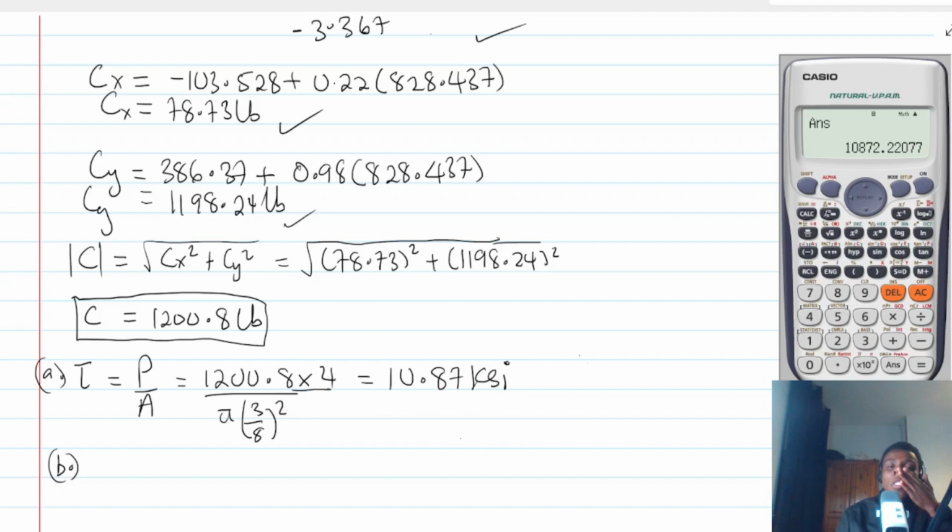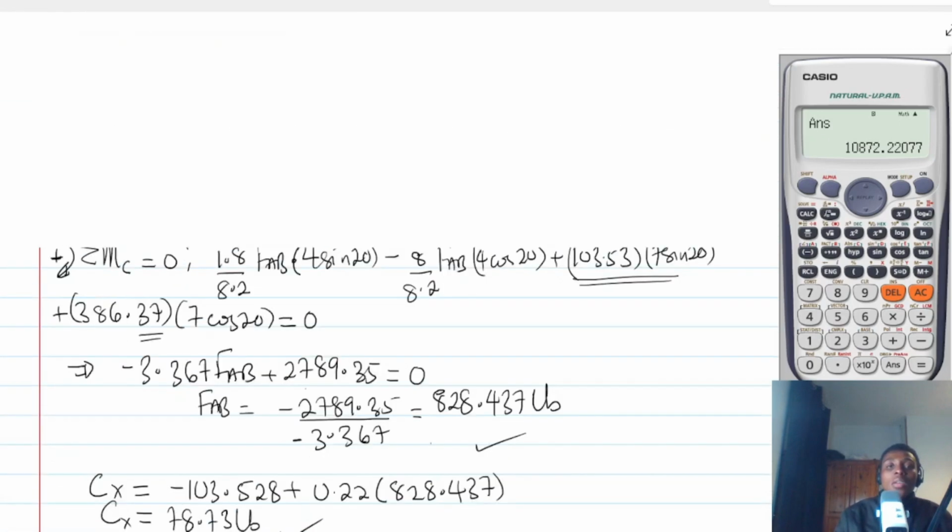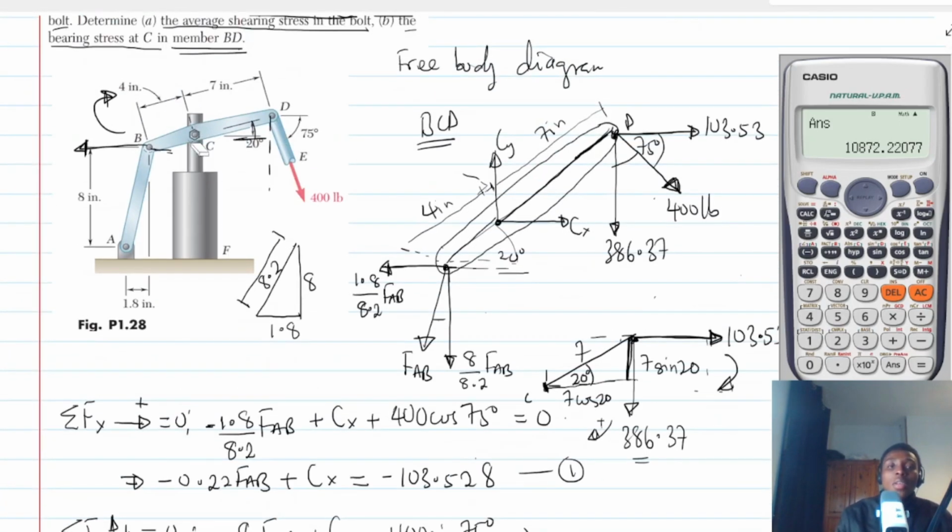Part B says that we should calculate the bearing stress at C in member BCD. Okay. So the bearing stress at C is sort of the normal stress actually. But the shearing stress is the stress due to shear from the bolt.